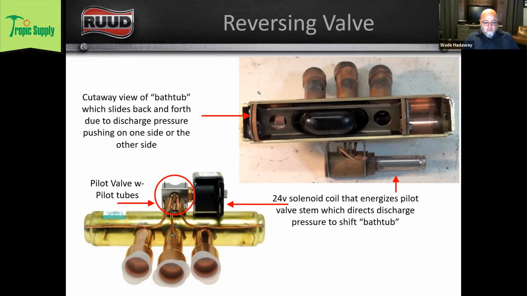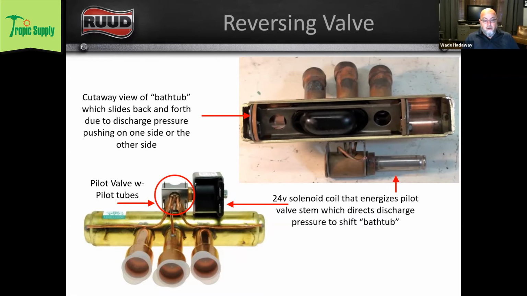And then the bottom picture here shows sort of just a different view of a reversing valve. So we've got a 24-volt solenoid that energizes the pilot valve, and I've got a circle around this pilot valve here, and you can see that there's 3 tubes coming out the top side of that pilot valve, and it's those pilot tubes that cause that reversing valve to shift one way or the other.